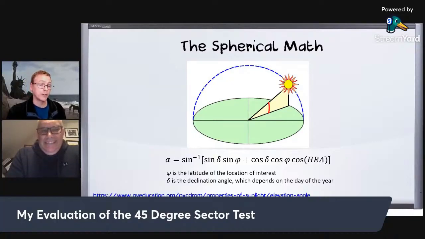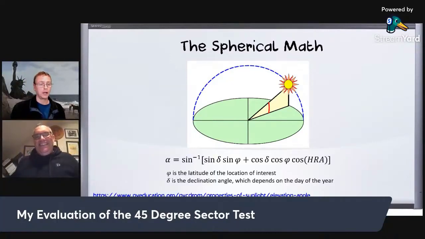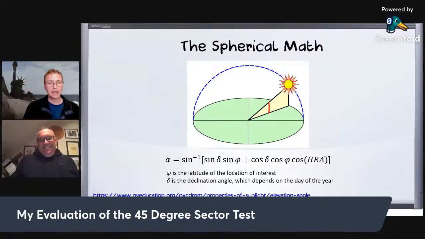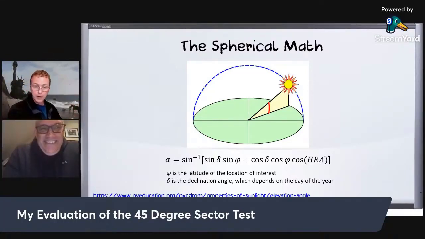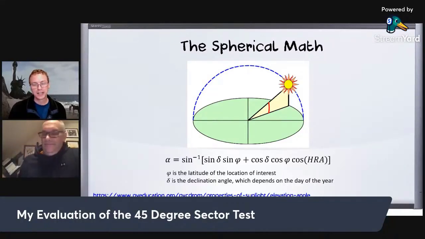I can either work the math from the prospect that the observer is at 0 degrees and the sun is at some other angle, or I could go from the position that the sun is at 0 degrees and I am at some other angle. You can go back and forth. Why would you do 0? Then you're going to run into atmospherics. You don't seem to be following me.